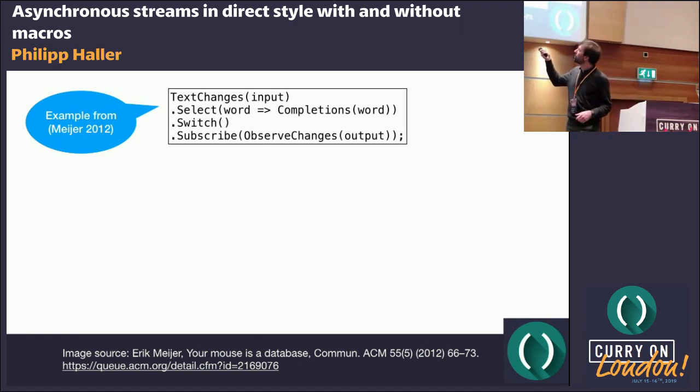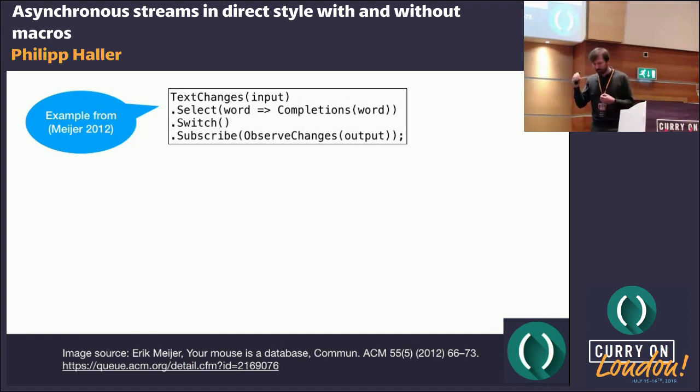So what this example does is it starts with a text input field, like a GUI element called input, where the user can input text, right? And the text changes function creates a publisher that emits an event whenever the text in the input field changes.